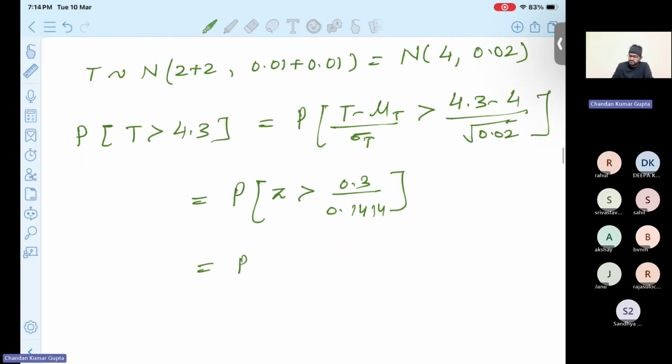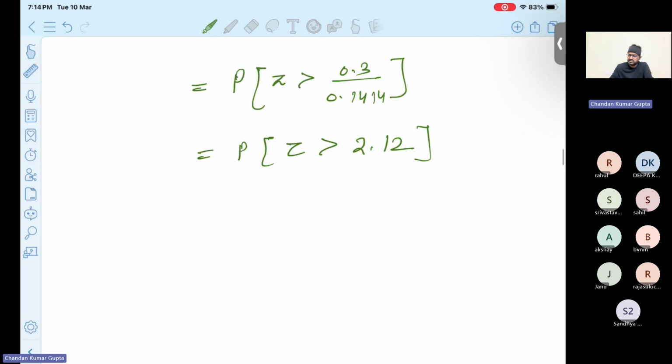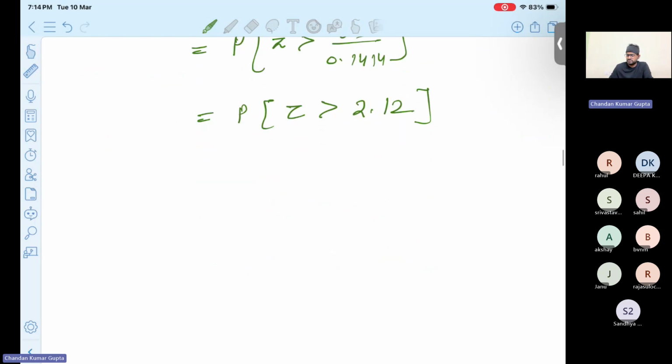Now we need to solve the probability that Z is greater than 2.12. You can observe the value: this is 0, here is 1, 2, and 2.12 is something here.